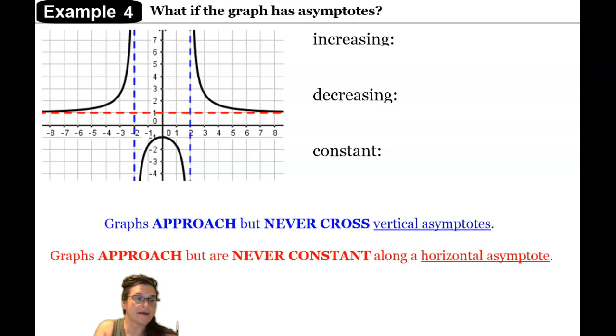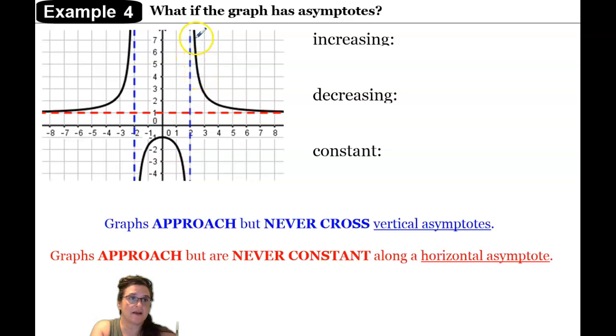Okay, so welcome back to example 4 in our notes for intervals of increasing, decreasing, and constant. In example 4, we're looking at a rational function, and it's important to remember, just like when we talked about our extrema notes, that the graph is approaching but never touches the horizontal asymptote at the right or left ends.